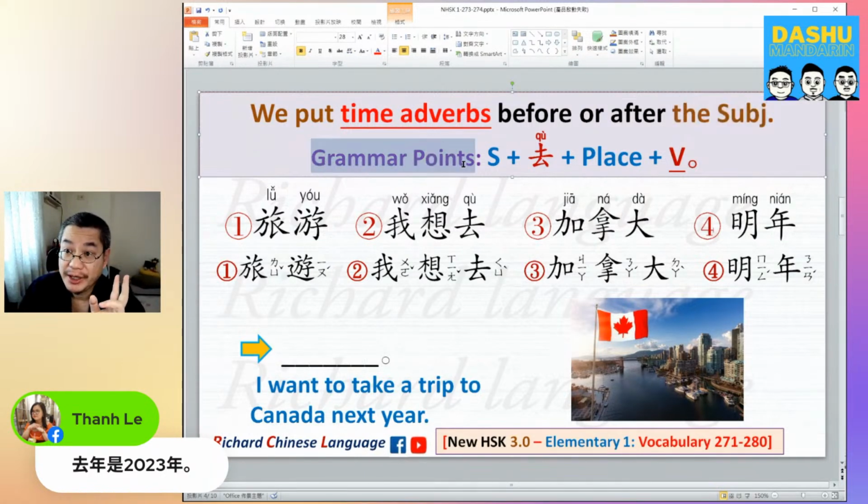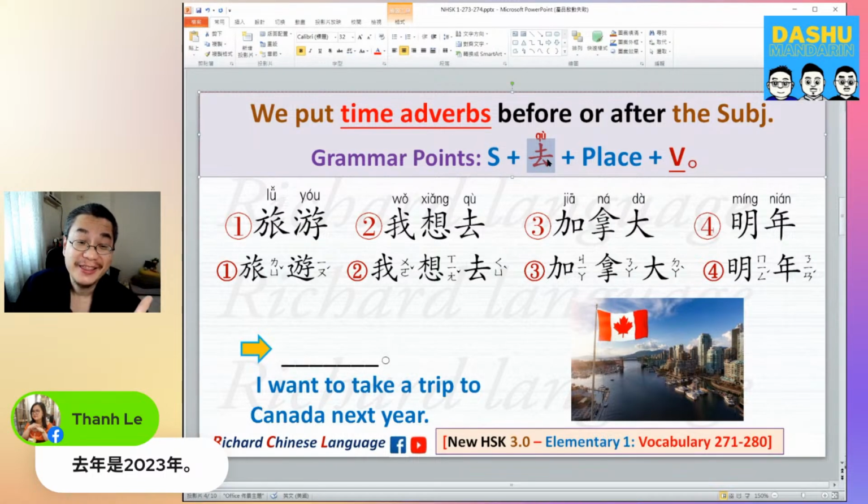And the grammar point for 去. This is also very important. We say subject plus 去. 去 is like go to. Here 去 means go to a place. So we say go to a place and do something. But in Chinese, we don't need to add and. We add the verb directly after 去 a place.